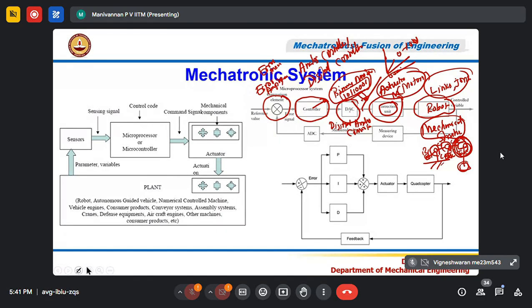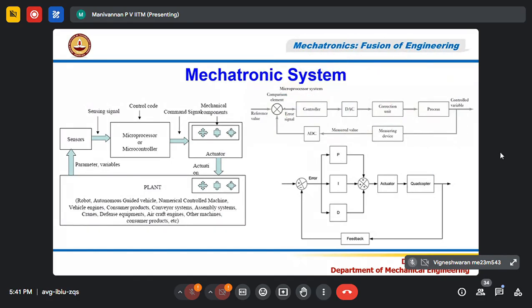Please see the symbol, a circle with a cross, with two inputs, one plus and the other minus. The output is called the error signal. The plus input is called the reference input. The other input comes from the measuring device, which is called the feedback sensor.